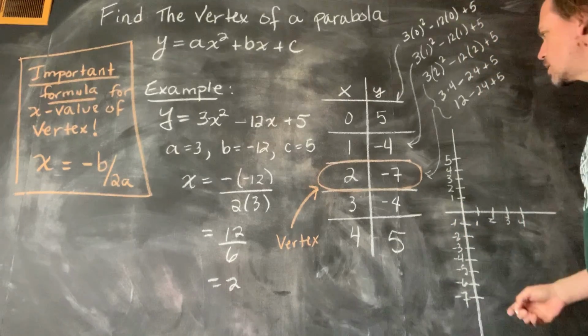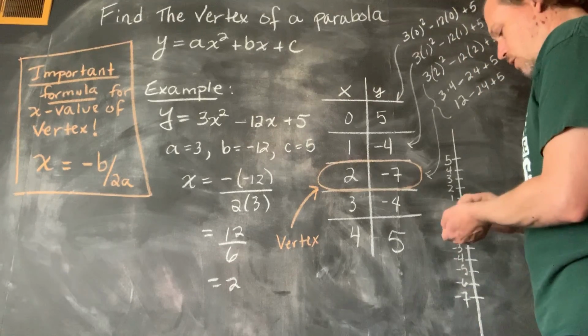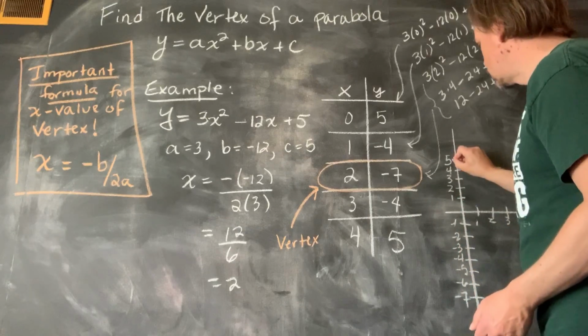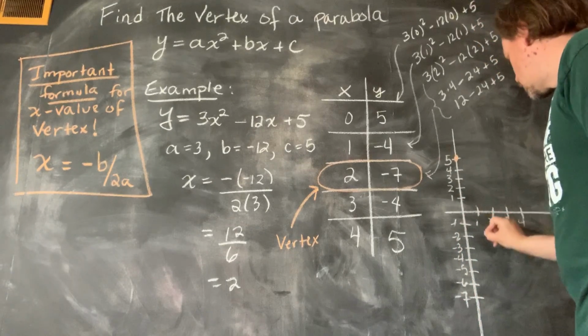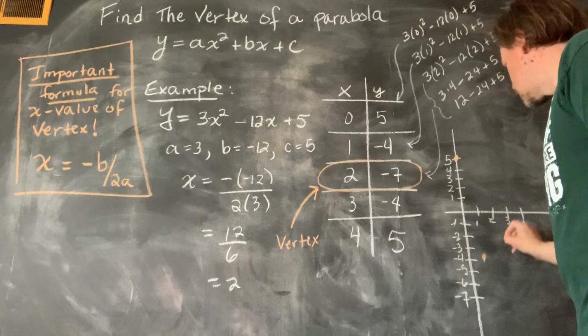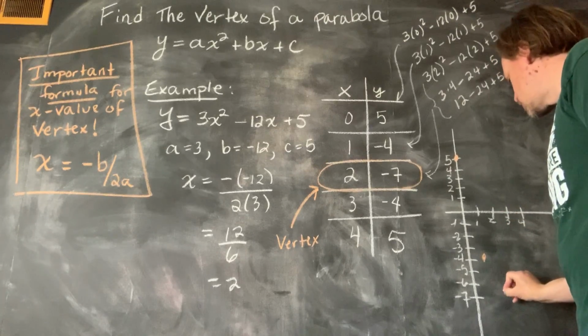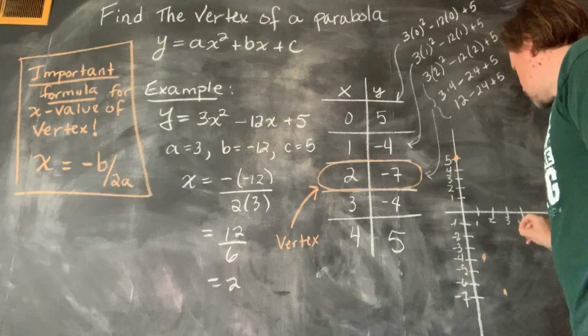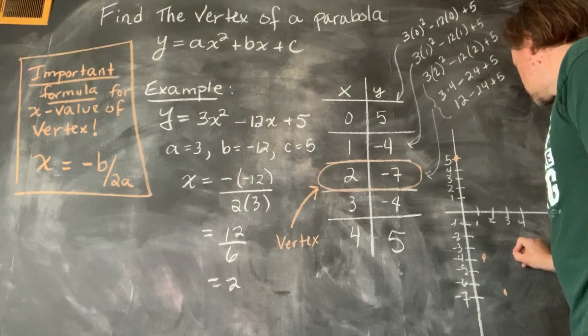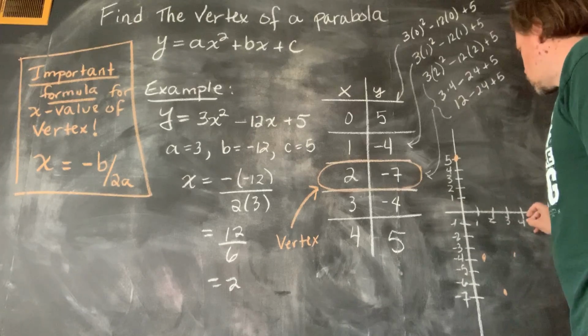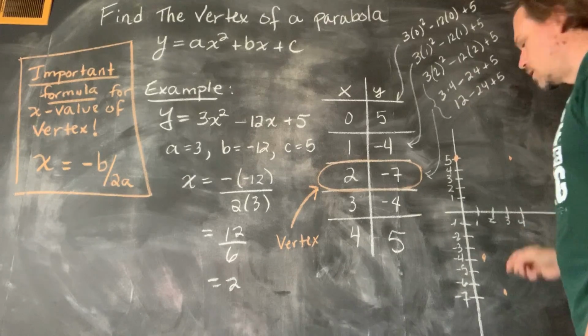And just graph all my points. So 0, 5, 1, negative 4, 2, negative 7, my vertex. 3, negative 4, I'm going back up, and then 4, 5.